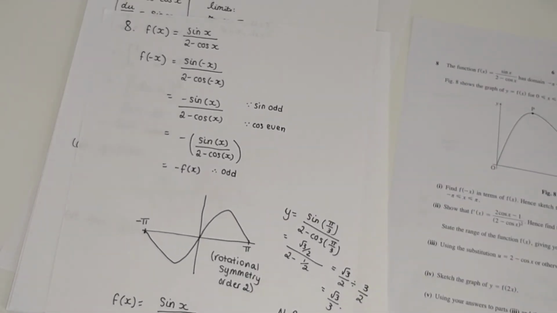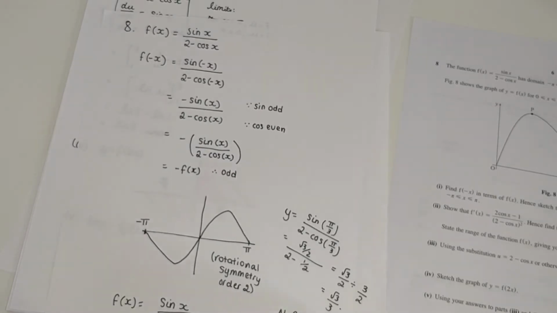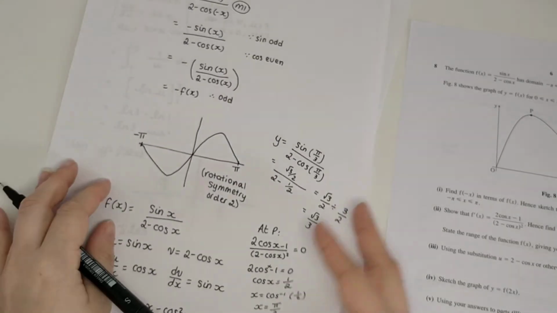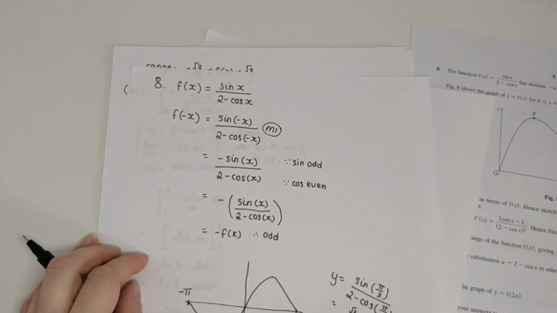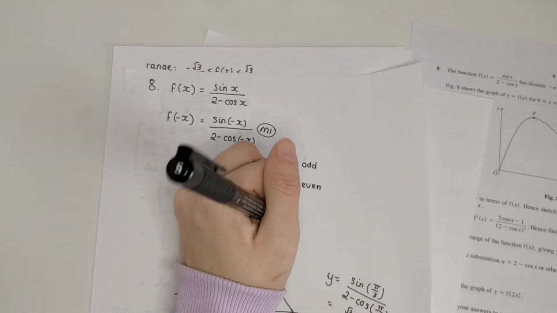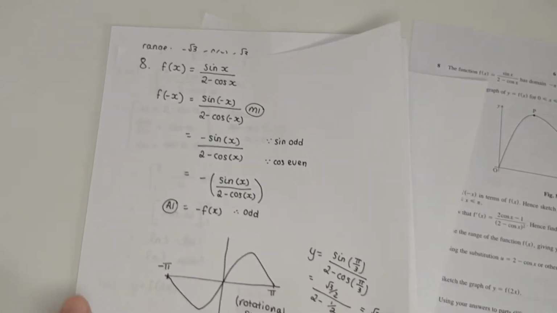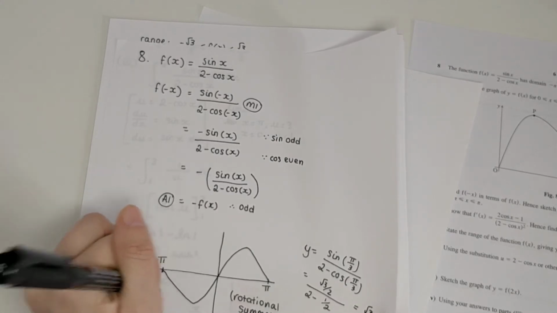So, where are we? Substituting minus x is M1. Getting minus x is A1. So drawing the picture is B1.